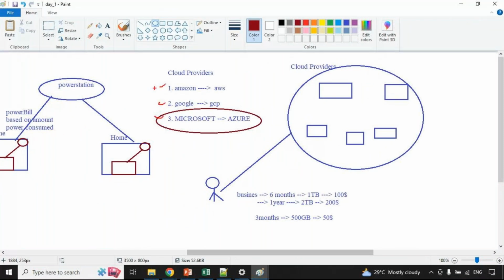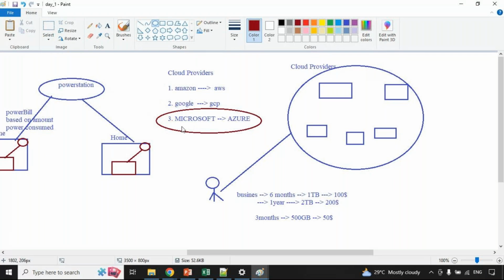For storage, here we have S3 buckets, here we have Google Cloud Storage, and here we have Blob storage accounts, ADLS. For ETL tools, we have Glue here, a different ETL tool here, and here we have Data Factory. So the services are the same. Based on the requirement you can use the service.